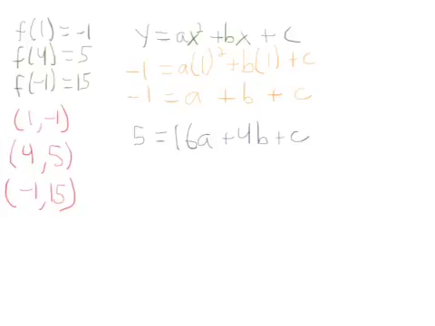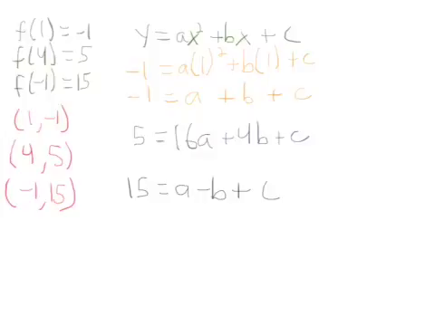The third one, (negative 1, 15), gives me 15 equals a times negative 1 squared, which is 1, so I have 1a, plus b times negative 1, which gives me negative b, and then plus c. So I have 3 equations that I need to use to find a, b, and c, so I can find my equation and ultimately the y-intercept of that function.